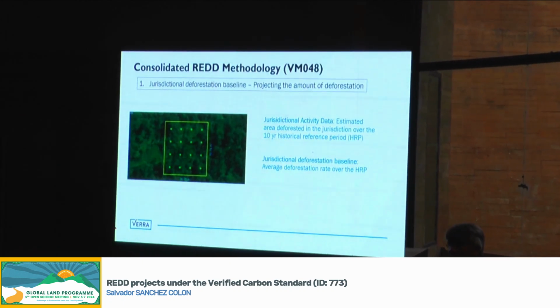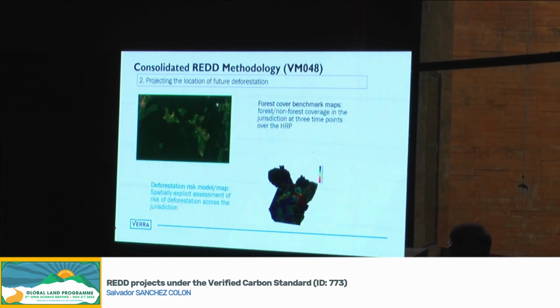That's the jurisdictional baseline. For the second step, we also construct what we call forest cover benchmark maps, basically forest, non-forest maps at 3 different points of time along the historical reference period, which basically show where deforestation has happened in the last 10 years across the jurisdiction.